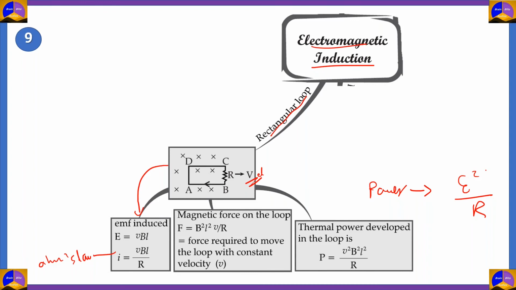Here, the potential difference is E, so E squared by R. So the power that we get is B squared L squared V squared divided by R, thermal power developed in this loop.